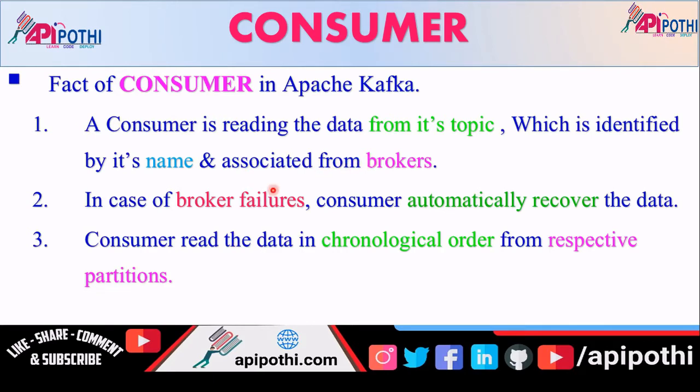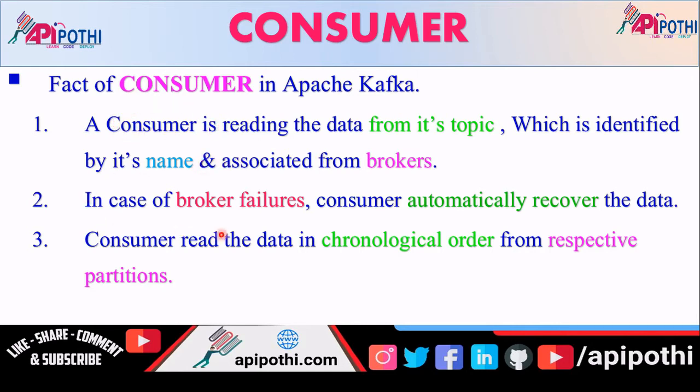Now the second thing is in case of broker failure. Since your topic is available inside the broker, if your broker fails, then what will happen? Obviously your topic will also be lost, so the consumer can't get the data from the topic.